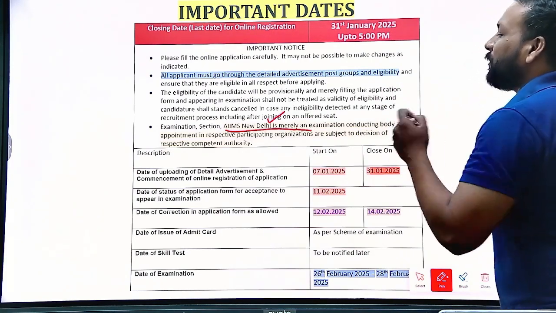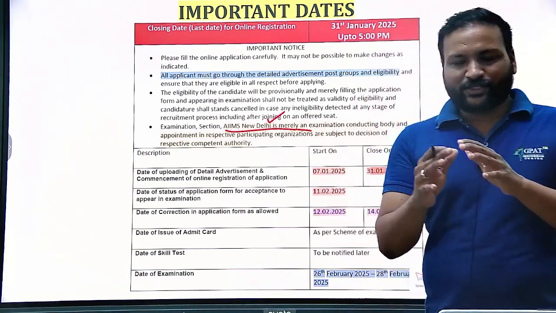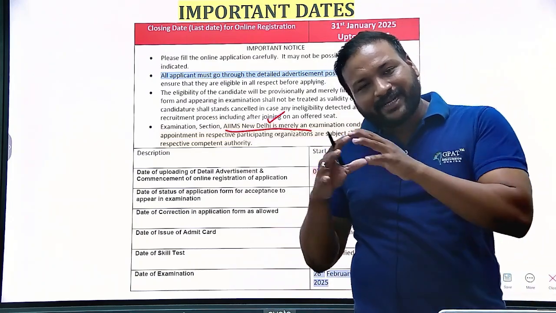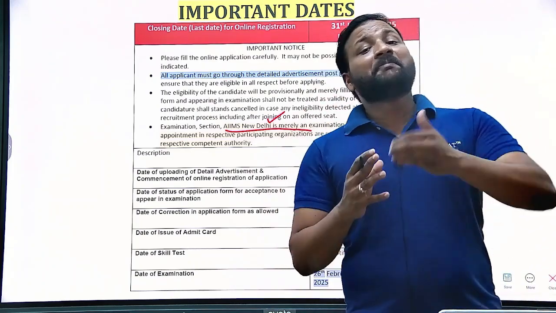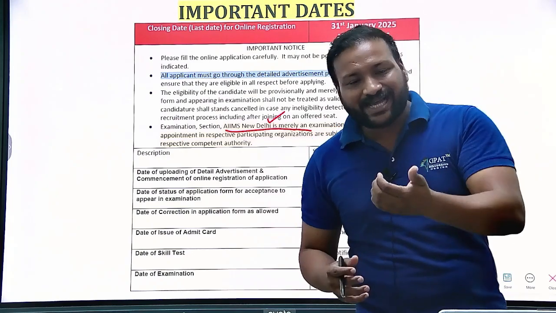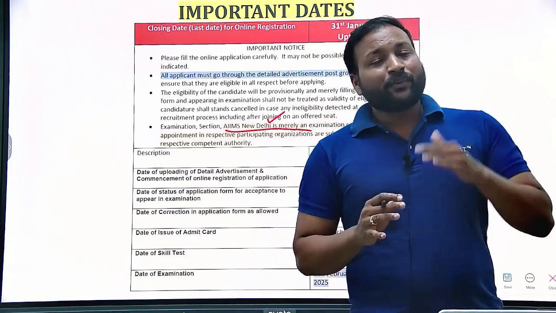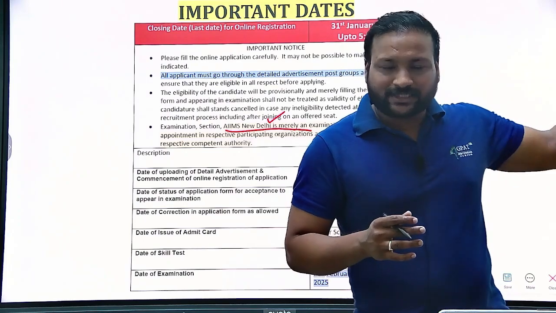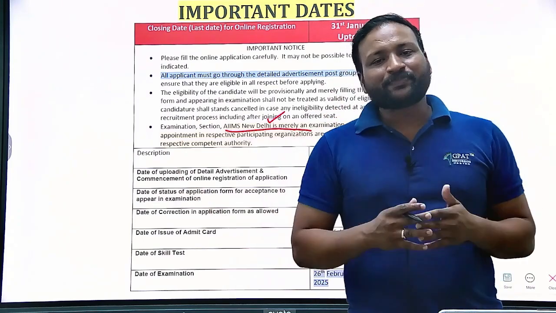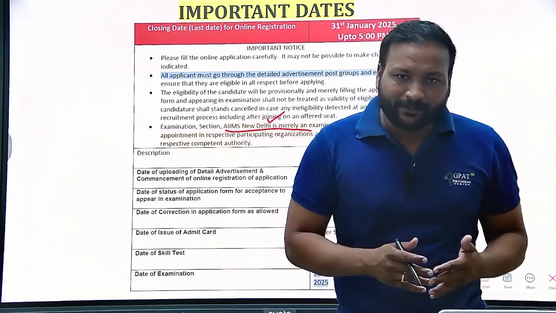But coming to the appointment, the entire examination will be conducted by AIIMS Delhi, but the appointment is different because it includes 208 posts in total, differing in specializations like allopathy, homeopathy, storekeeper, ayurvedic.